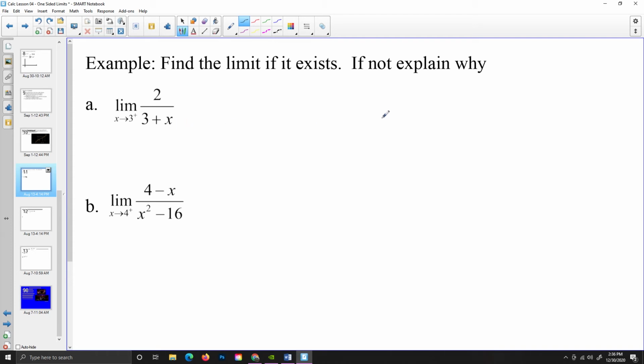So this limit is going to be 2 over 3 plus 3. 2 over 6 is 1/3.